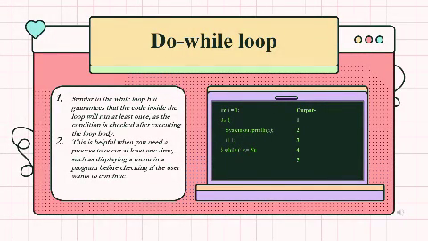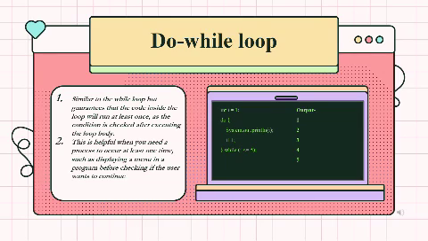Now, the third type of loop is the do while loop. In a do while loop, like the while loop, first initialization is done. After initialization, the loop execution will be started.